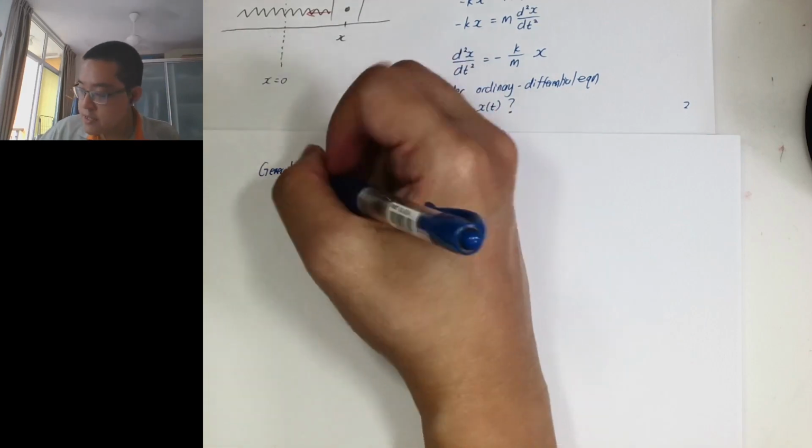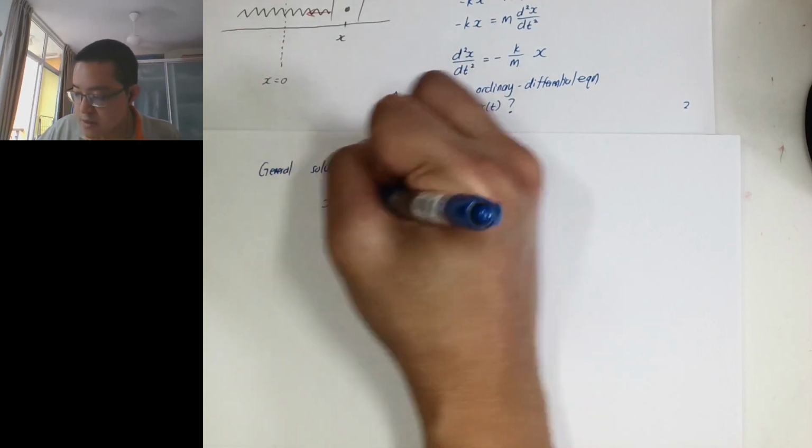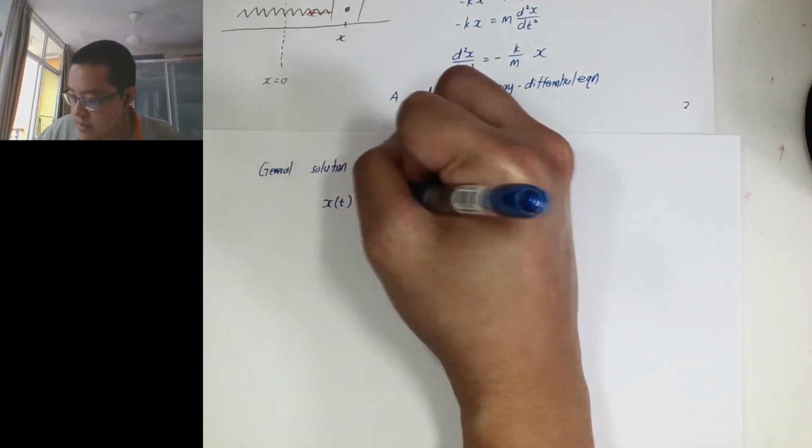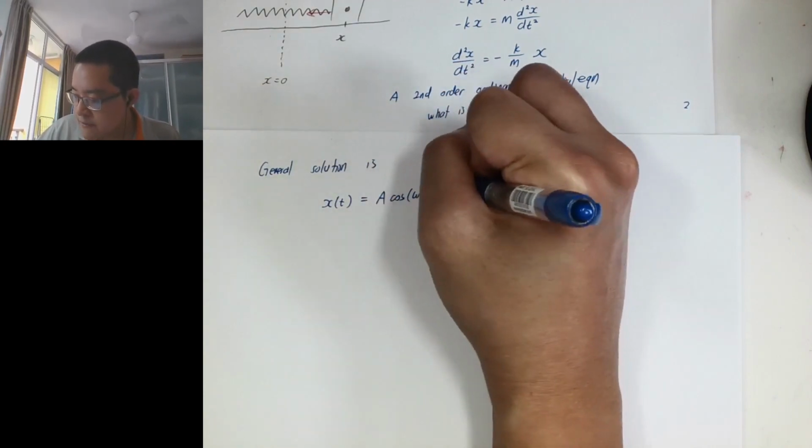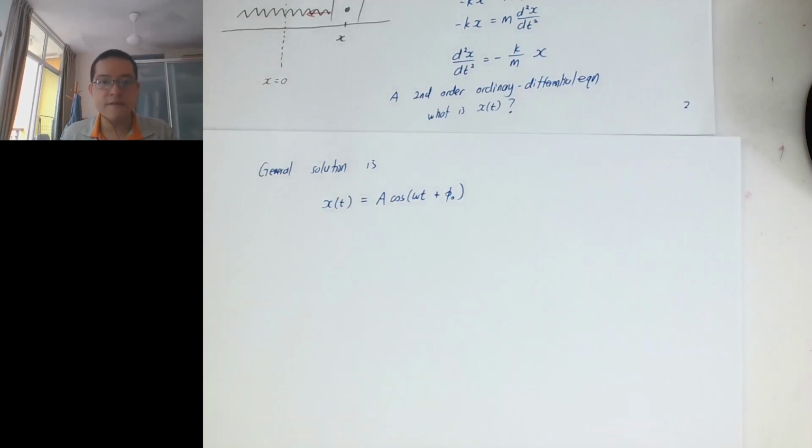Okay, so the general solution is very simple. For our case, it's just a constant times cosine of omega t plus phi 0. So it's just a cosine function. Have you learned this before in high school? Do we need to solve the equation during the final exam?